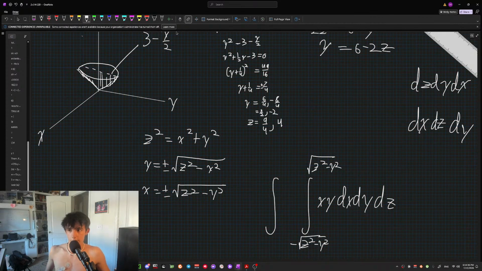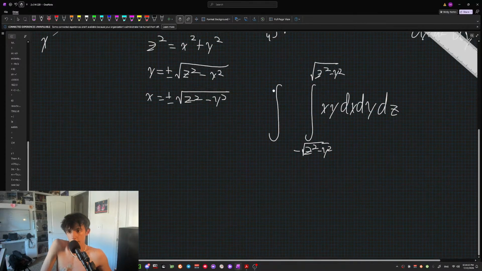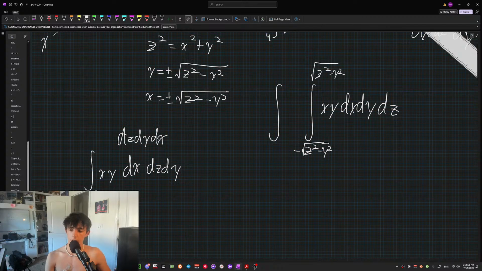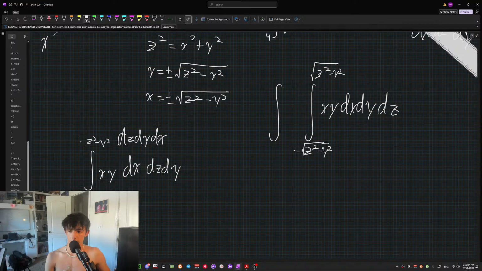Matter of fact, let me try something new. Let's just try dz dy dx. Actually, no, let's try dx dz dy. This is one that he actually likes a lot. So x is between negative z squared minus y squared and z squared minus y squared.